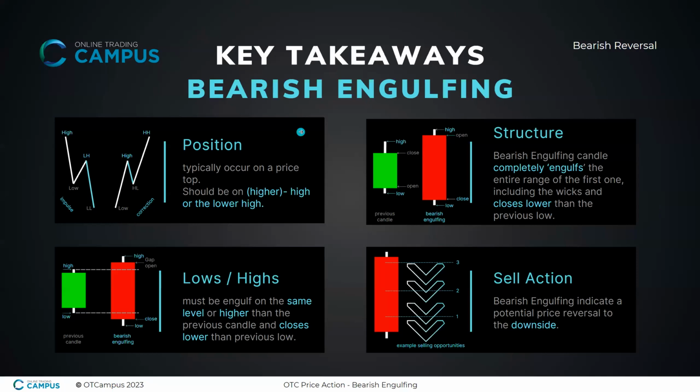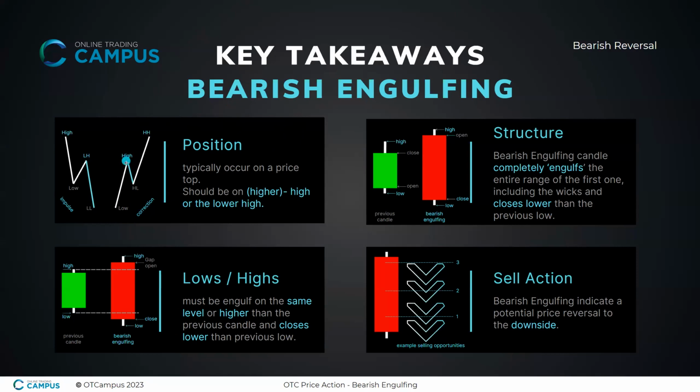The key takeaway for bearish engulfing is the location first, or the position. It's not the location, it's the position. It is a bearish engulfing, that means you want to short the price. The bearish engulfing typically occurs at the price top. It should be on the high or higher high to trade the correction.